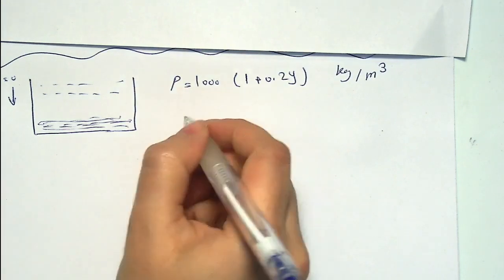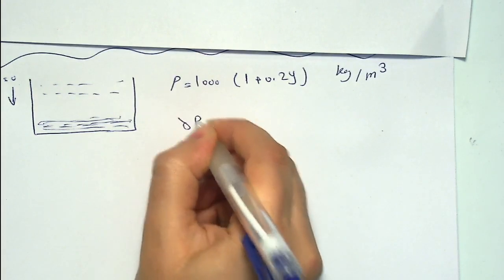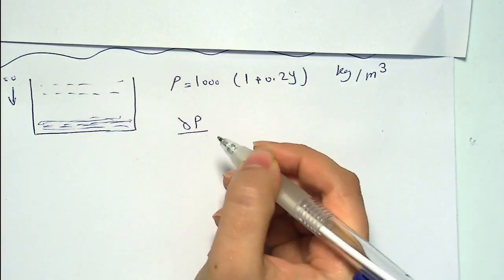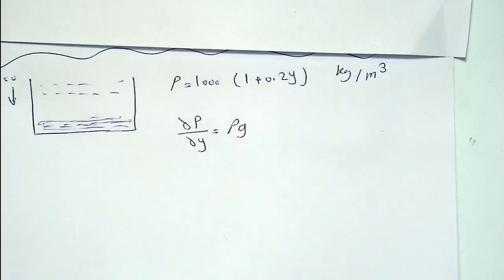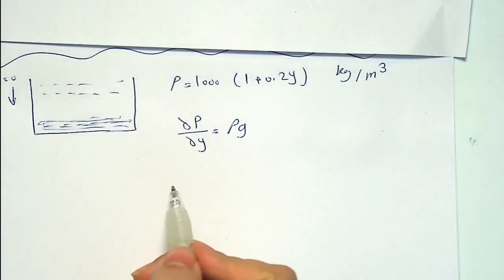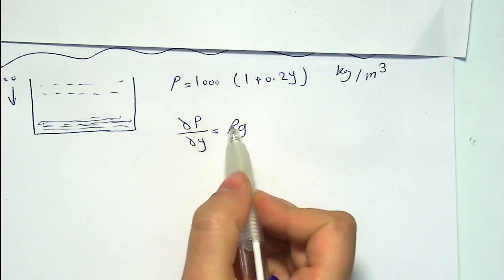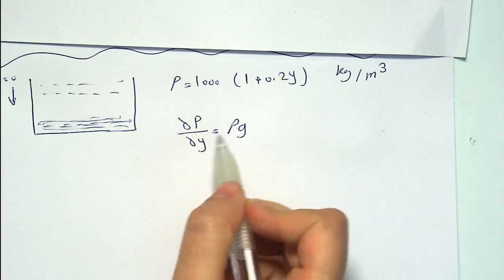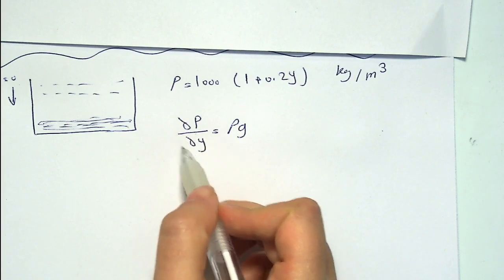Now we cannot use the rho g h formula, so I have to go back one step and use this formula. You have seen this in the course, and use this to calculate the rho g h. If the density is constant, then a simple integration is done, and you would get h instead of this dy.